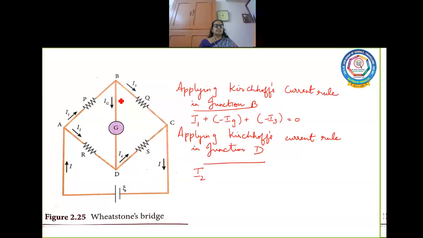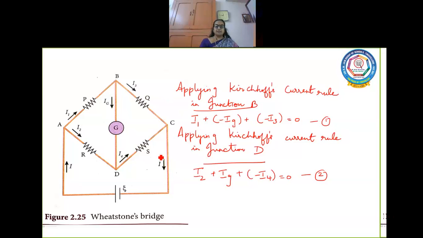The Ig current is also entering, so it is plus Ig. Here the current is leaving, so minus I4 equal to 0. So this is my equation 1, and this is my equation 2. In both the junctions I have applied the current law.